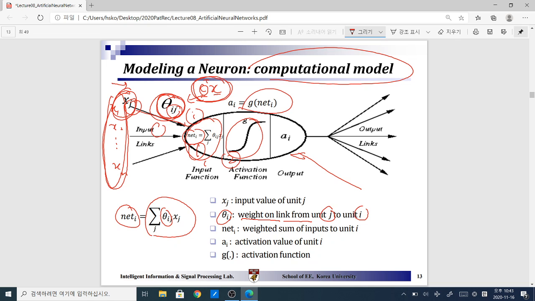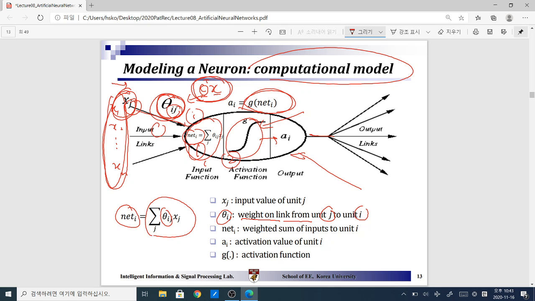A typical nonlinear mapping, if you can recall the logistic regression formulation, is done using a sigmoidal function. This nonlinear mapping then goes to other neurons connected by means of this output wire.